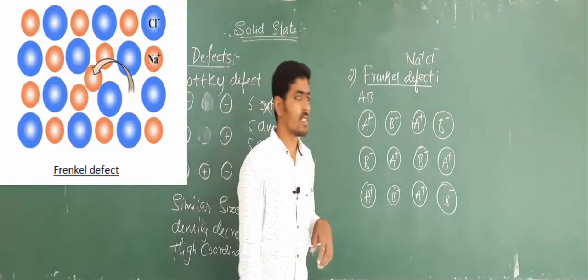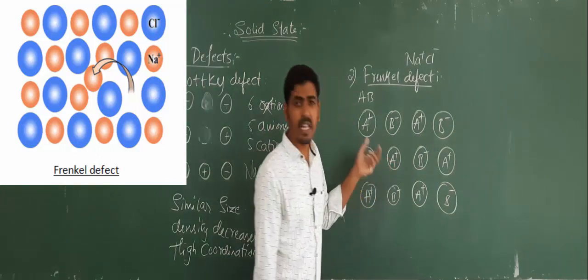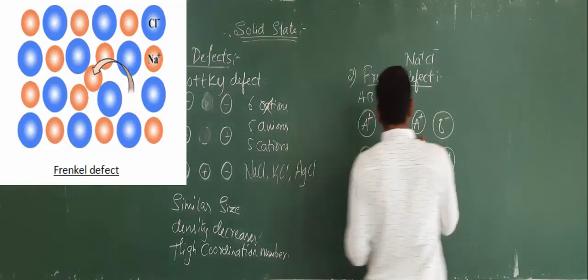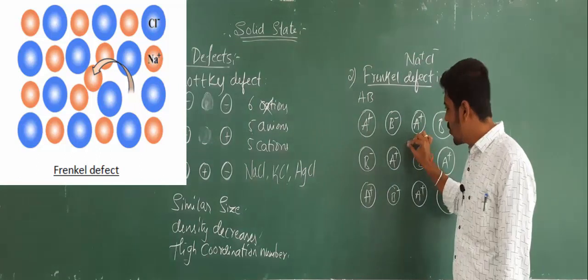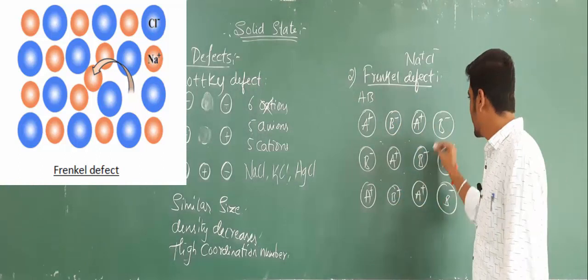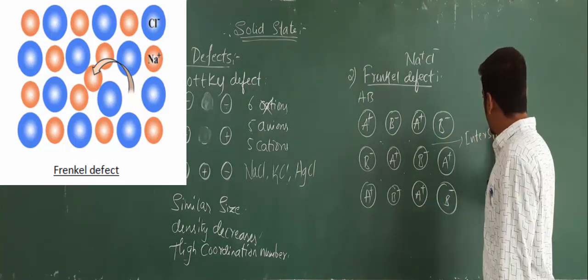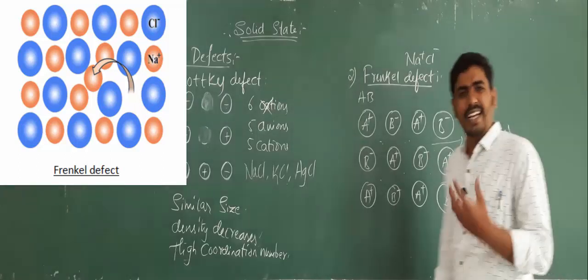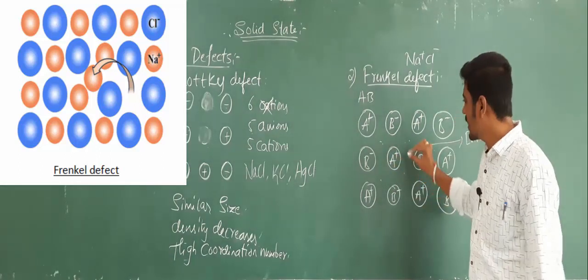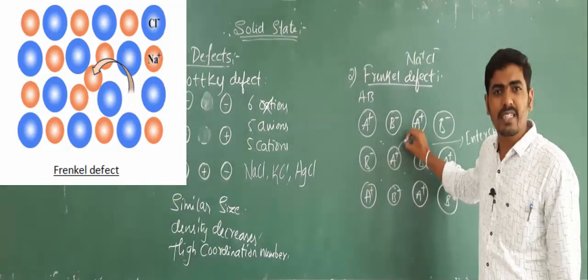Now what happens is, one of the ions present at a lattice site will move to an interstitial site. As you all know, the empty space present between the particles is called the interstitial site. So due to a change in pressure or temperature, the cations get dislocated from their original site to an interstitial site.